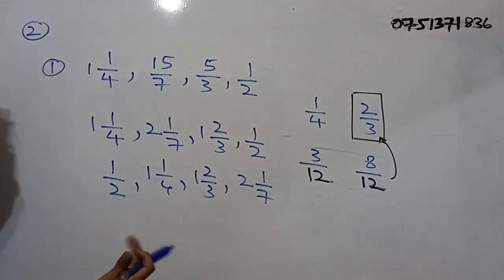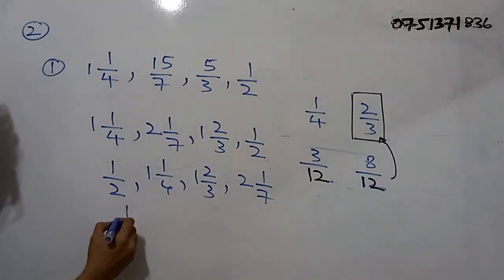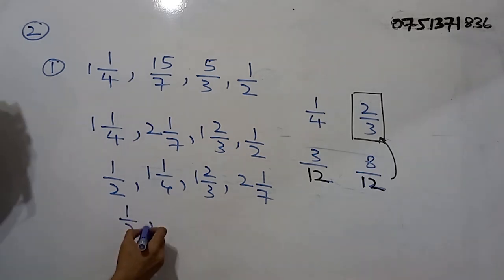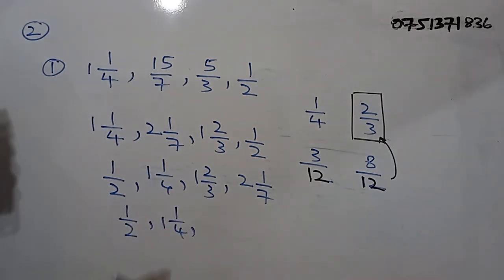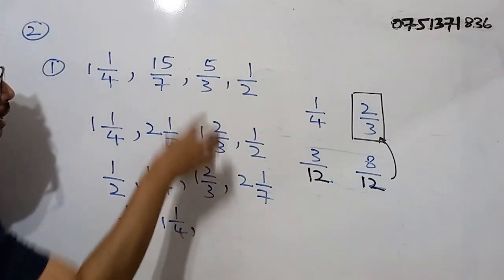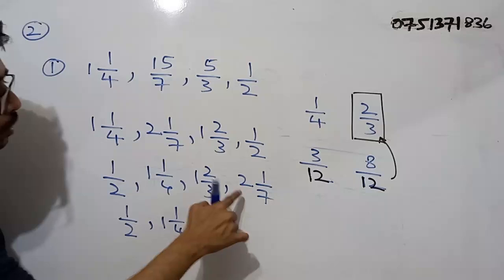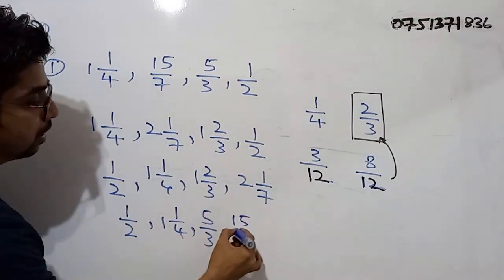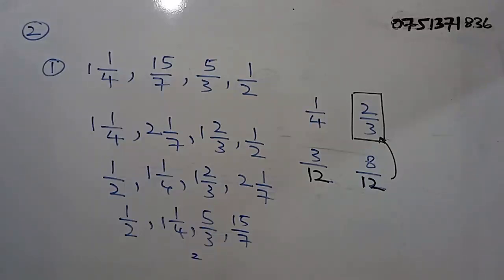So we need to use them, right? So we can use 1/2. Then we can use 1 and 1 by 4. So what is 1 and 2 by 3? That is 5 by 3. What is 2 and 1 by 7? That is 15 by 7.